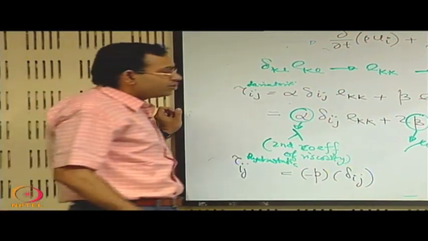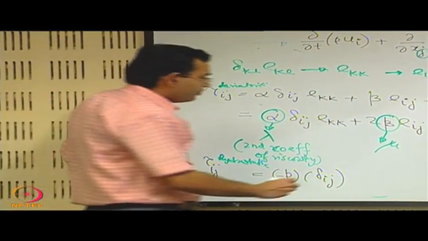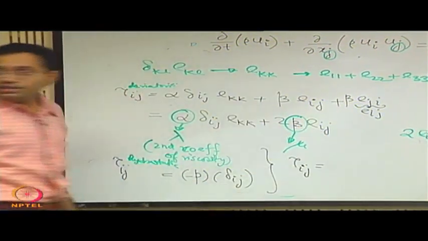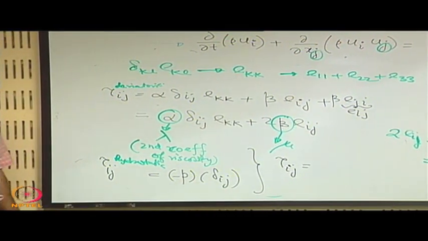Okay. So you come up with the final form, where tau ij total is tau ij hydrostatic plus tau ij deviatoric.